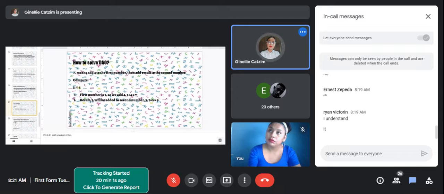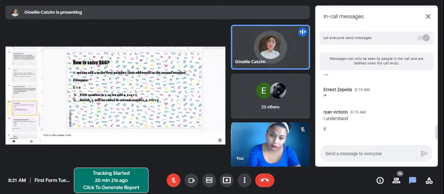Now, solving defined arithmetic operations. How do we solve them? If we have the previous example, that little symbol means add 4 to the first number, then add the result to the second number. So we go by what this is saying.